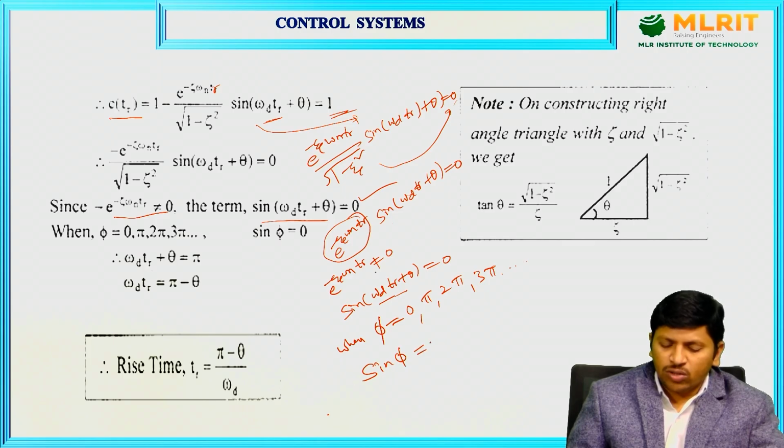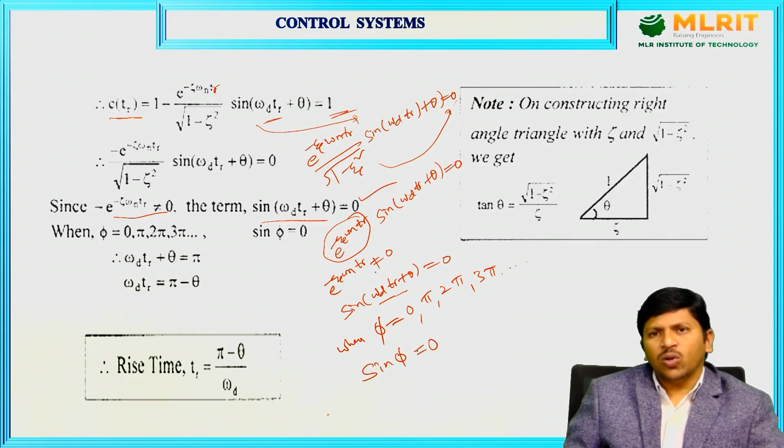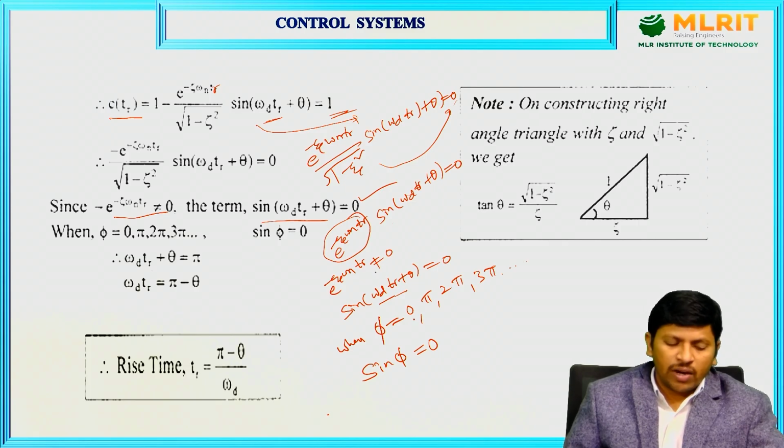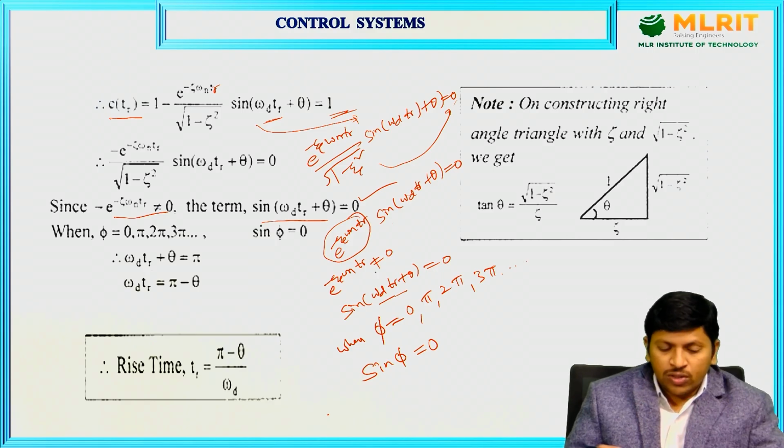Sine phi equals 0. That is sine 0, sine pi, sine 2 pi, sine 3 pi all give 0, so we get the same value.